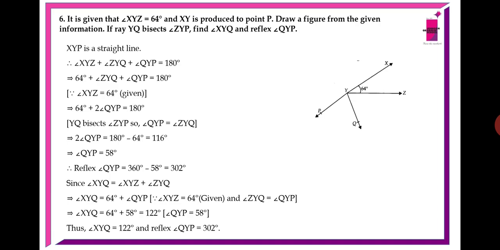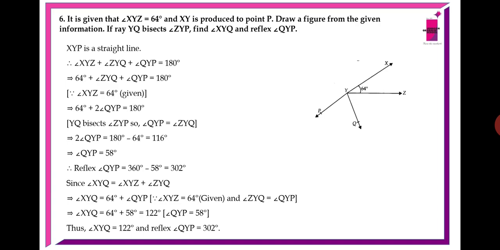So 64 degrees plus 2 QYP equal to 180, because you should find out reflex of QYP, that's why I have taken QYP. So if you simplify, 2 QYP equal to 180 minus 64, that is 116. So QYP equal to 58.